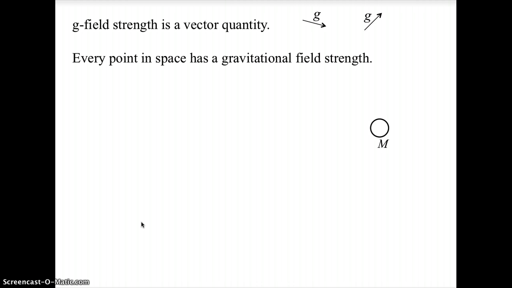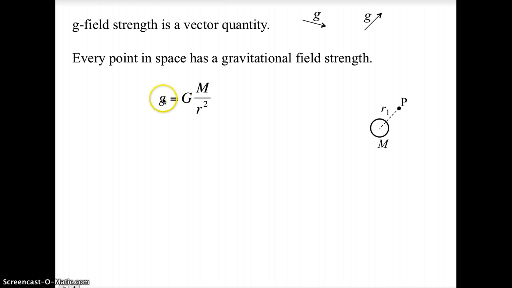So imagine we have some source mass, m, and we want to know what the gravitational field strength is at this random point, P, and P is separated from the center of the source mass by a distance that I'll call r1. Here's the equation we can use for calculating the gravitational field strength, which is given the variable g, at some distance from the center of the mass, m.